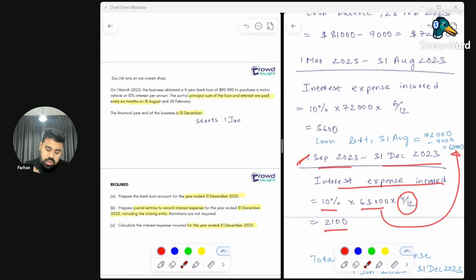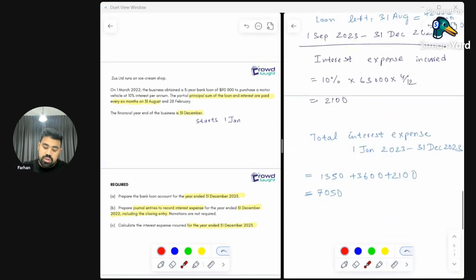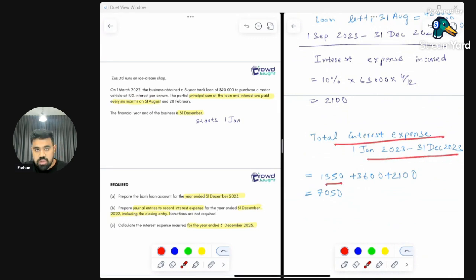Okay? Now the question is asking, calculate the interest expense incurred for the entire year ended 31 December 2023. So basically, whatever happened from 1 Jan 2023 until 31 December 2023 for interest. Okay, so during this entire year, the total interest expense would be $1,350, which was for the first 2 months of January and February.